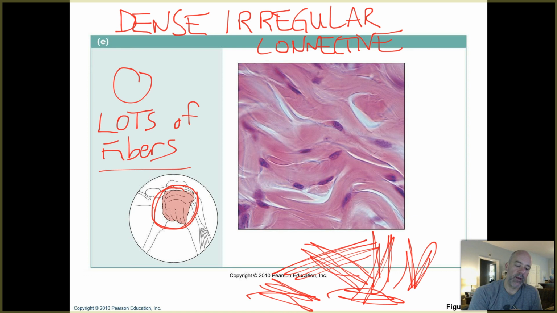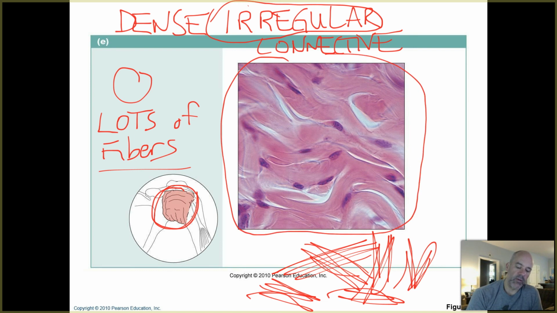So because of that, it's said to be irregular. So if you're looking at a connective tissue on an actual microscopic image of it, and you see all this pink stuff in here and it looks really swirly and like it's running in multiple directions, that's going to be a big clue you're looking at dense, irregular connective tissue. Dense, regular, it looks very clearly like all the pink stuff is just running in parallel together.